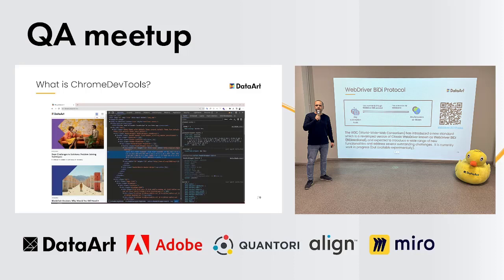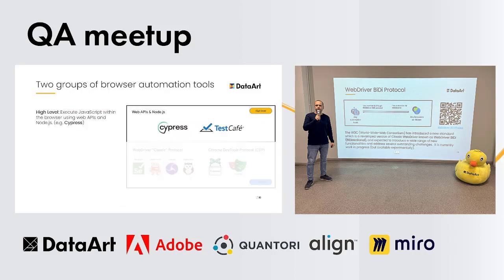Okay, let's go. Let's categorize. We have two big categories of test automation tools. The first one is high level, which runs JavaScript in the browser using web APIs, right? We have TestCafe and Cypress in this category.